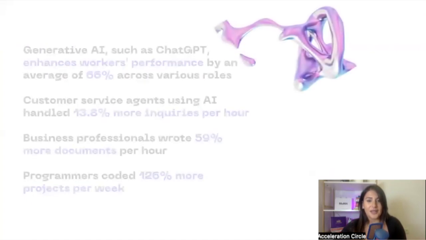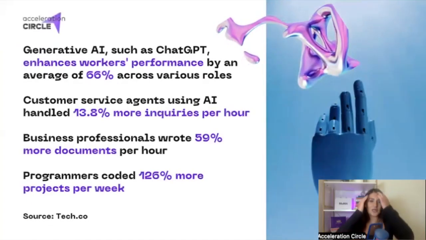And before we start talking about tools, I want to show you some really good numbers. According to the Tech CEO website, a research platform, you can see how much performance is enhanced for average workers who use ChatGPT.